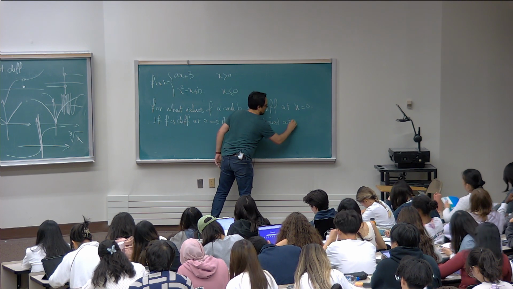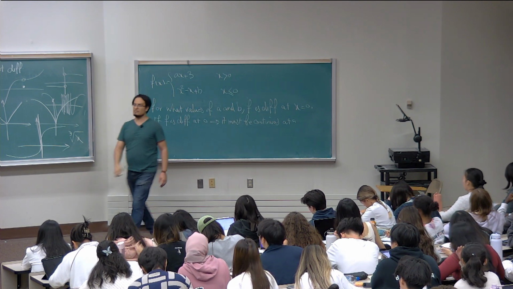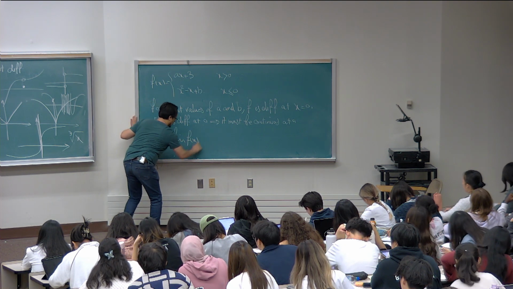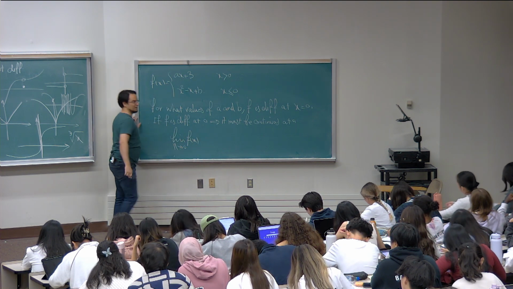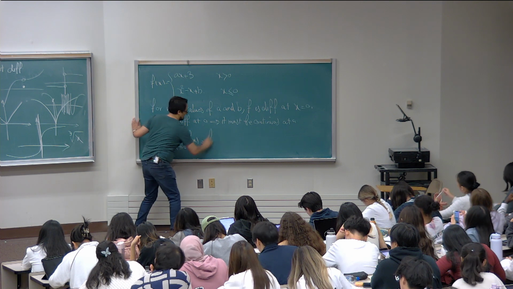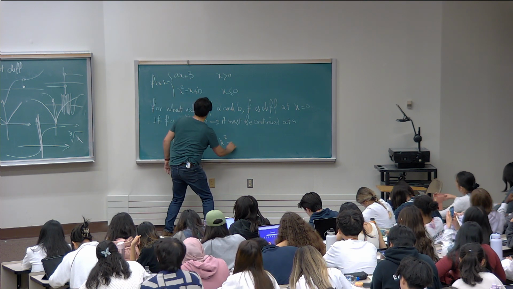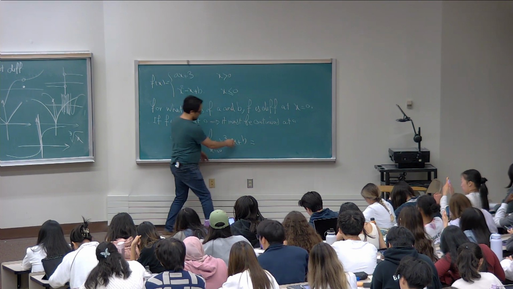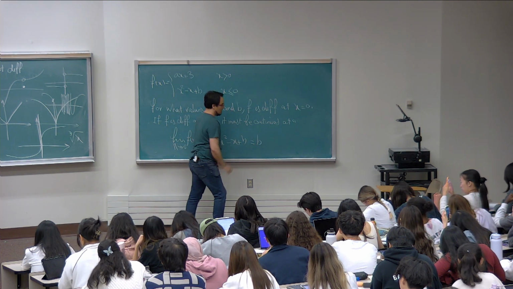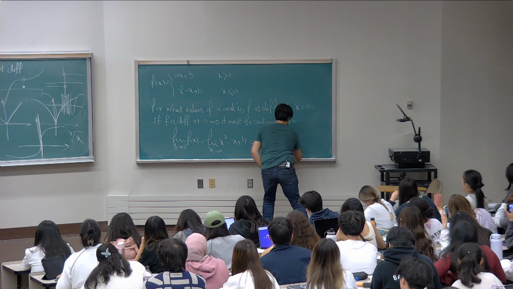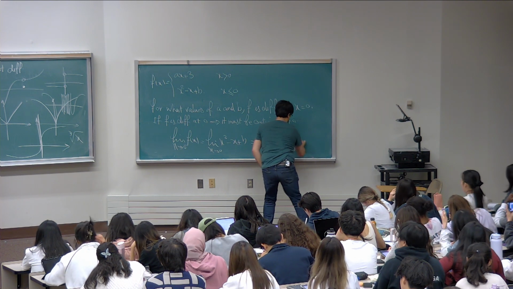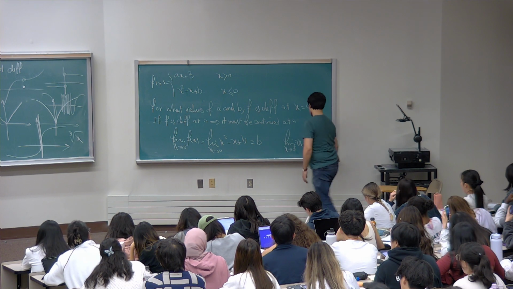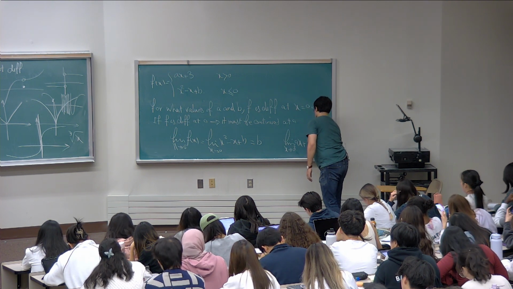at 0. Being continuous at 0 means that the limit exists. From the left, you get the limit of x squared minus x plus b as x goes to 0, which is 0 plus b. On the right, this is 0 plus 3.